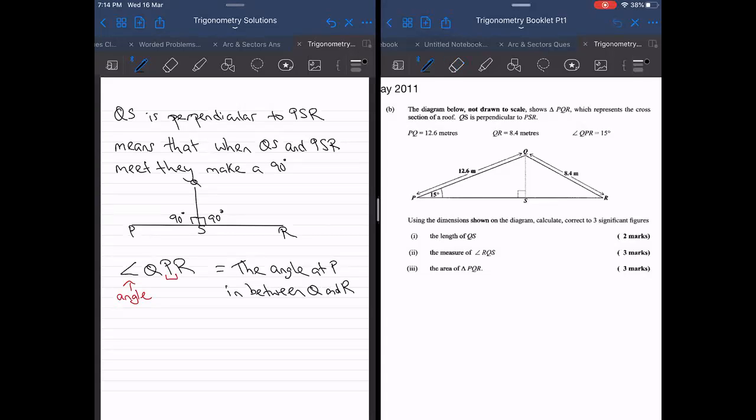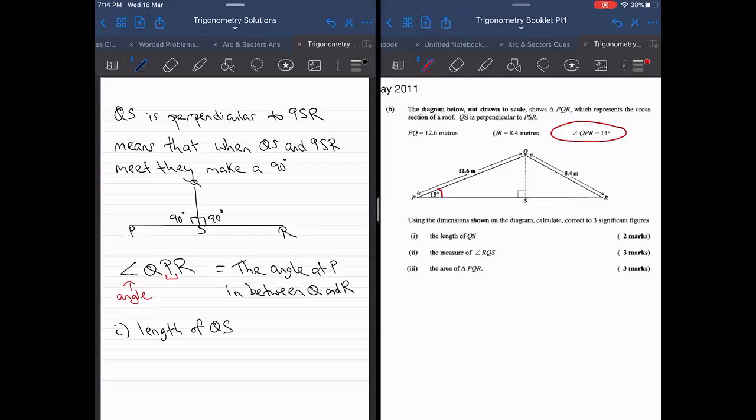When they put this here, you were supposed to know that it's the angle at P. Okay, so we have everything good to go now, and they said 3 significant figures. They asked us for the length of QS.